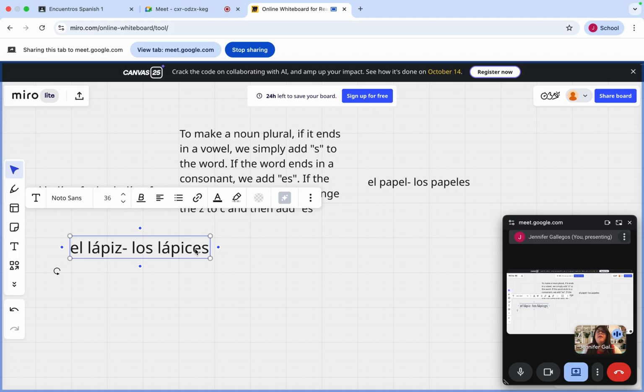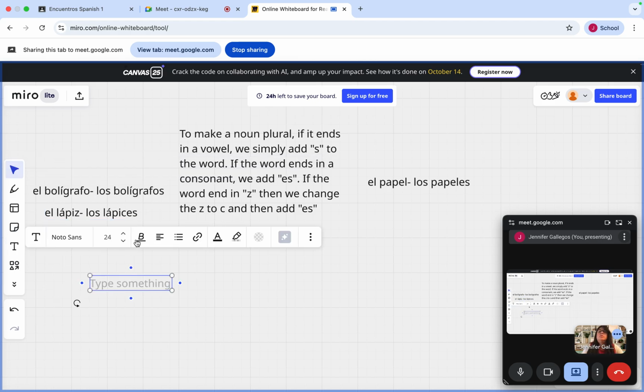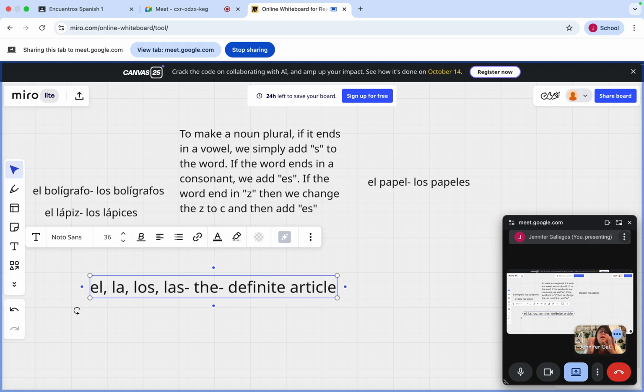We have different types of articles depending on what exactly it is that we want to say. So remember that when we use el, la, los, or las, it means the, and this is what is sometimes referred to as the definite article. And it's usually for something specific.